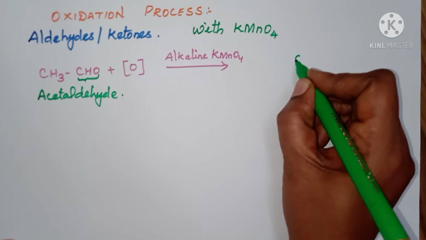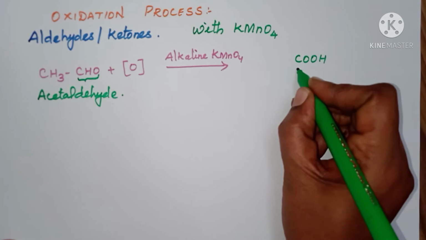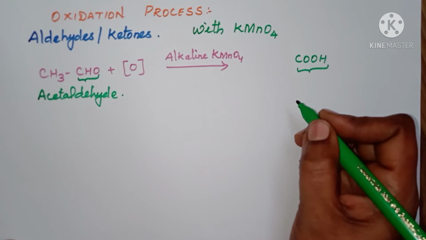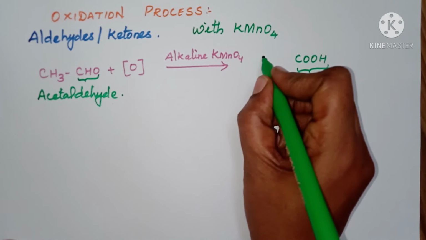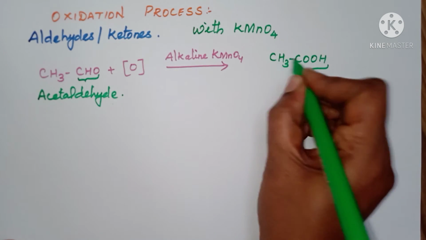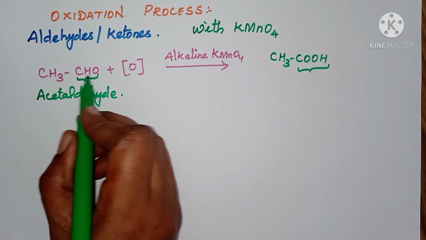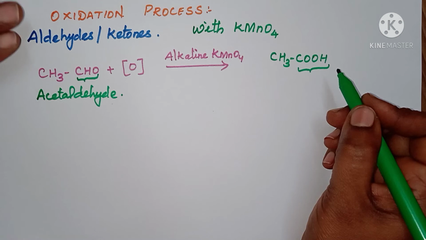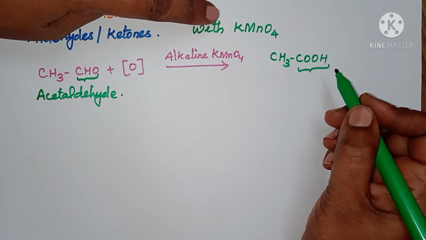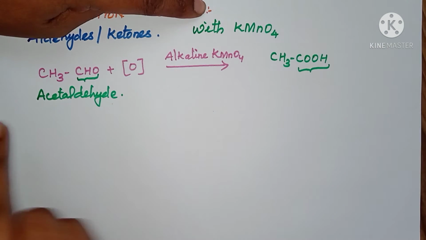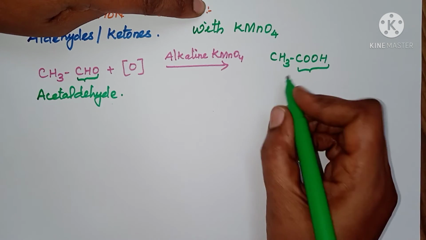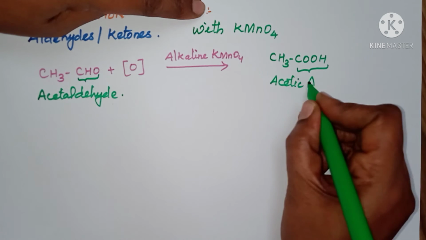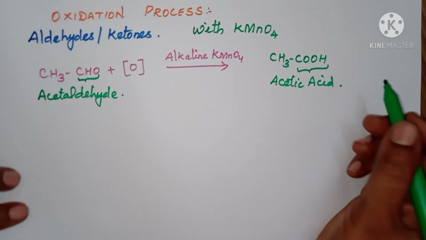Now we are getting COOH, which is the carboxylic acid functional group. So here we are getting CH3COOH. CH3CHO changes to CH3COOH. That means during the oxidation process with the help of KMnO4, potassium permanganate, acetaldehyde changes to acetic acid. So they may ask the question, how do we get the acid?